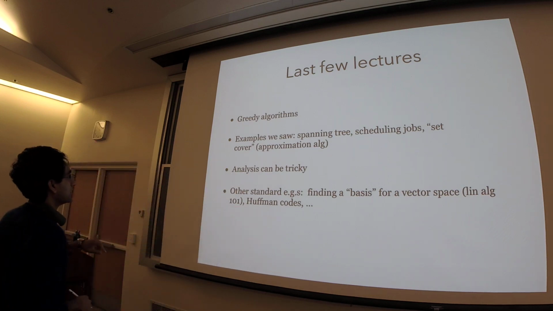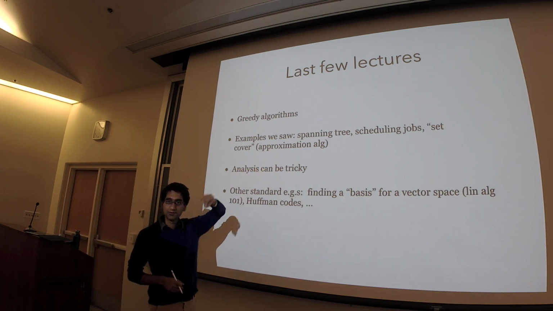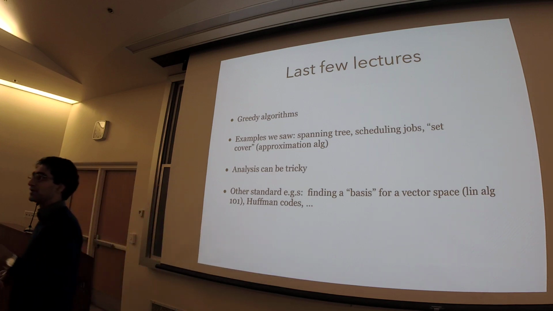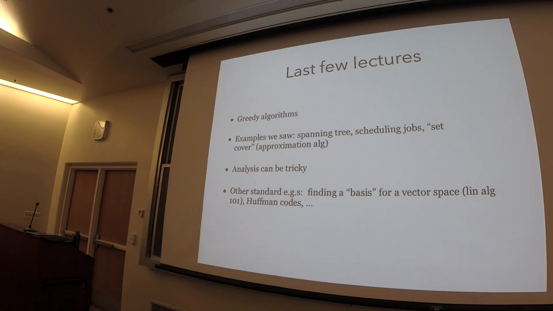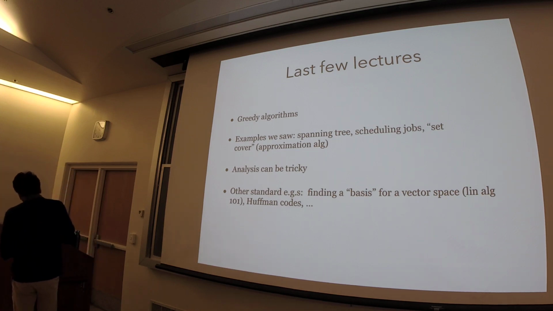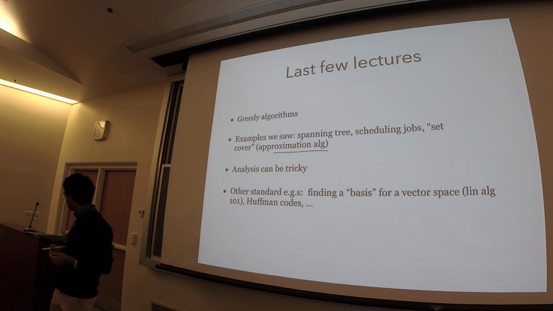We also saw our first approximation algorithm. For the set cover problem, if you do a greedy algorithm, you do no worse than some log n times the optimum solution. Today we'll see another.